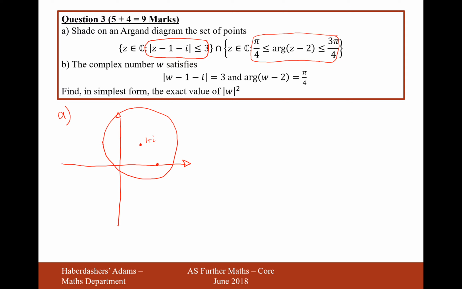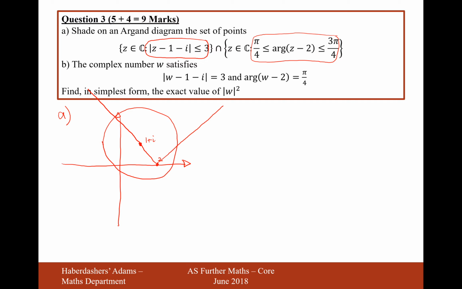So it's going to start at the point 2, and it's going to have an argument in between pi by 4, that's exactly diagonal up to the right, and 3 pi by 4, that's exactly up to the left. And it's going to go through the point 1 plus i, because it's going 1 across, 1 up, so it will hit this coordinate of 1 plus i.